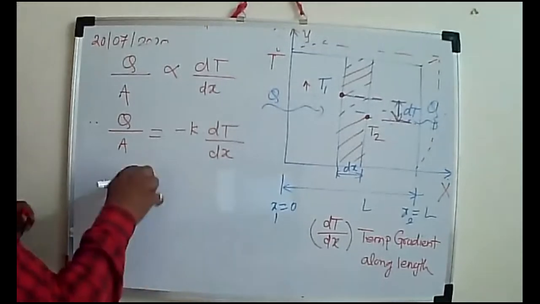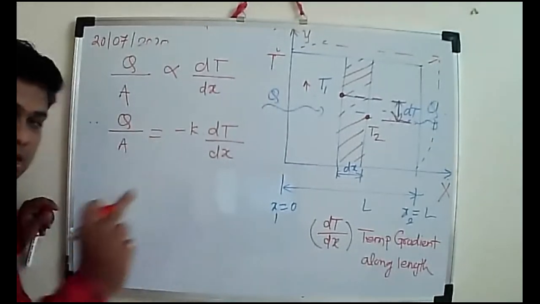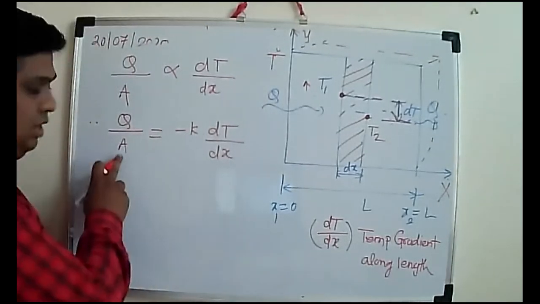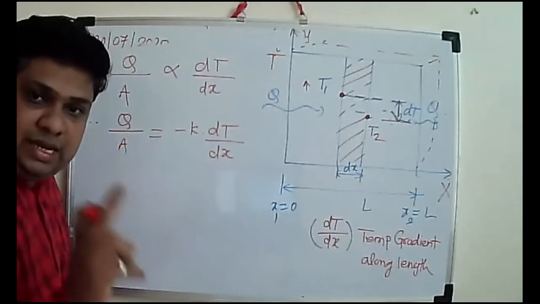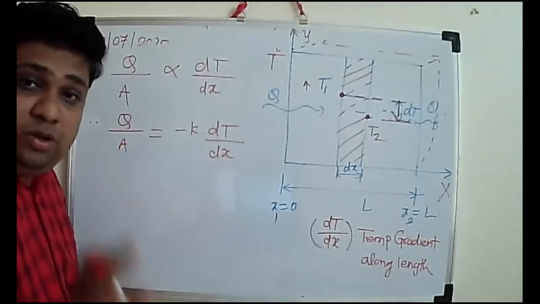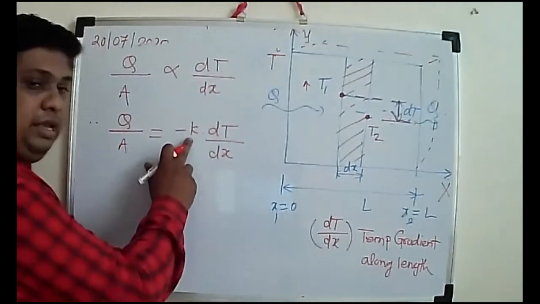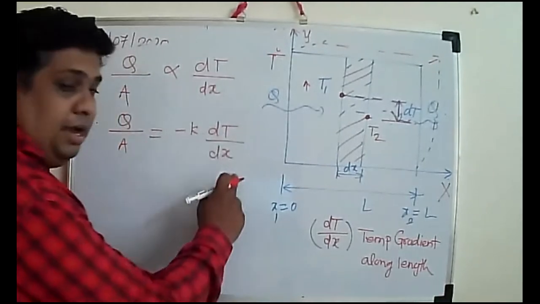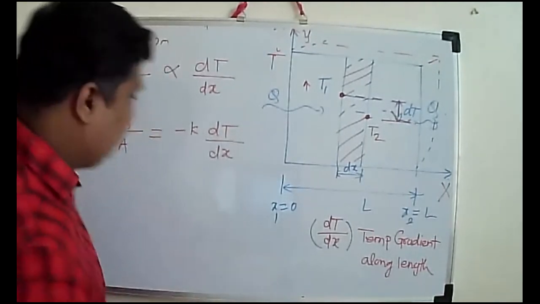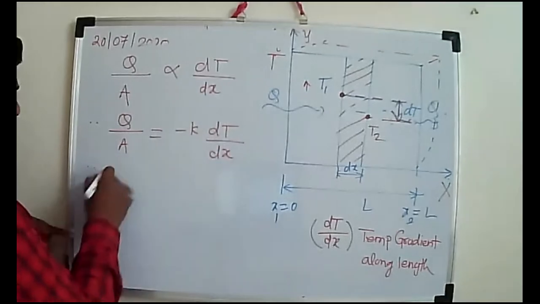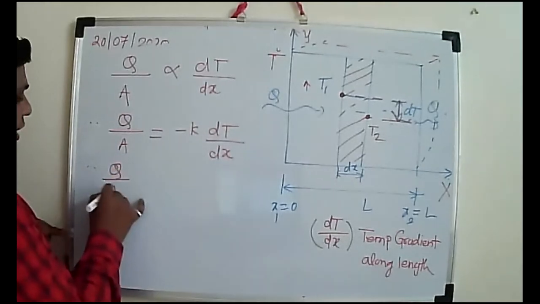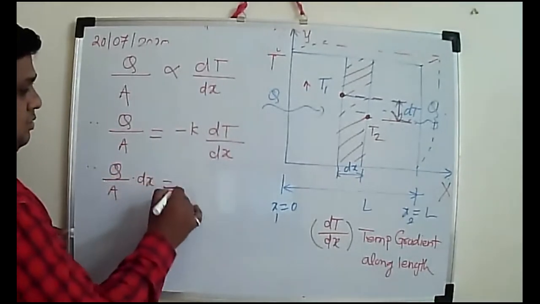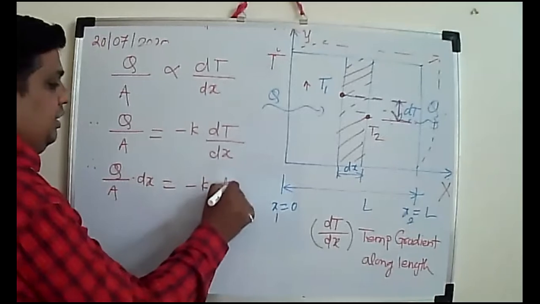Where Q is the rate of heat flow, A is the cross-sectional area normal to the heat flow, K is the thermal conductivity of the material, and dt by dx is the temperature gradient. Therefore, Q by A into dx equals minus K dt.